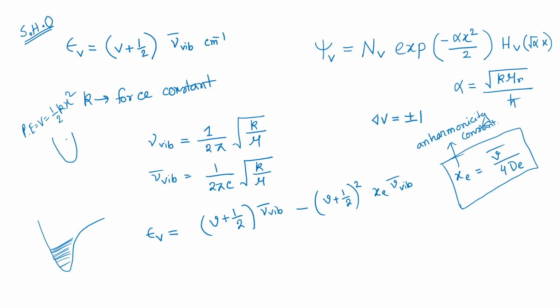So there is no dissociation energy, or I would say the dissociation energy is infinity when we are discussing a simple harmonic oscillator. And when the anharmonicity comes into the picture, then it is related to some dissociation energy. Okay, just wait for a minute.